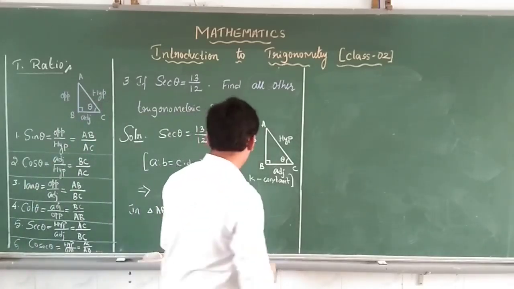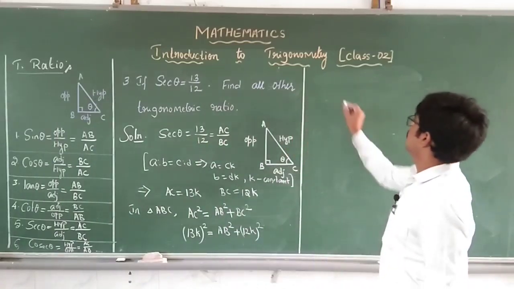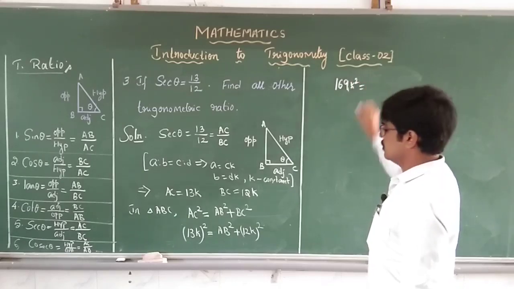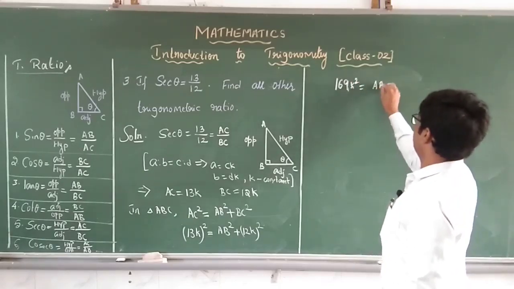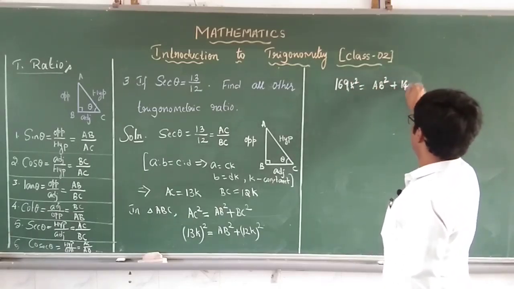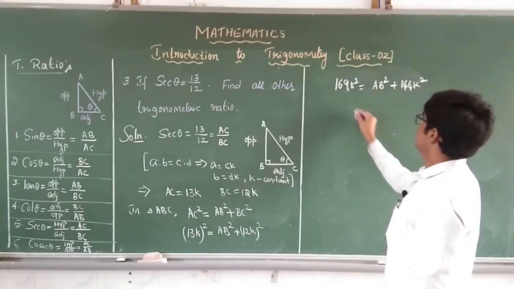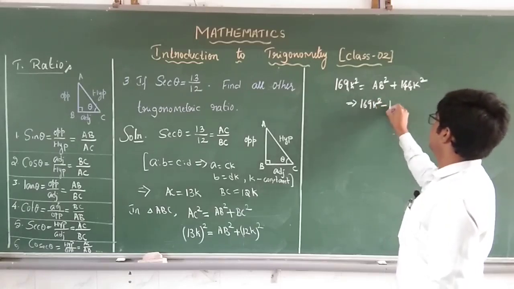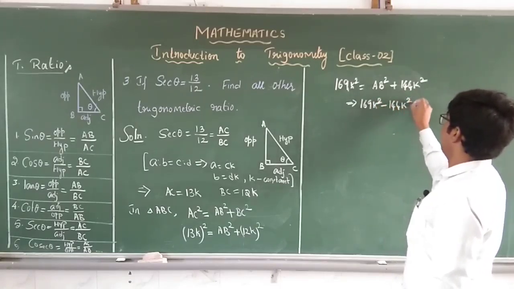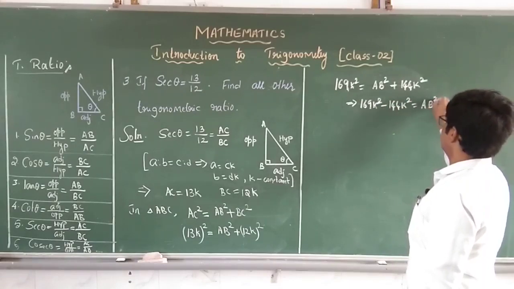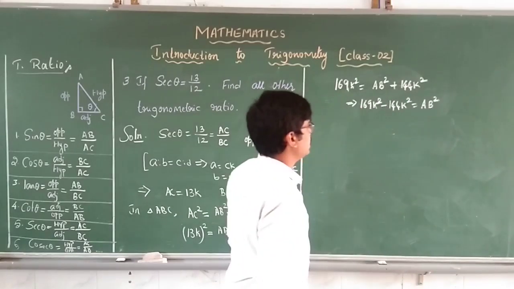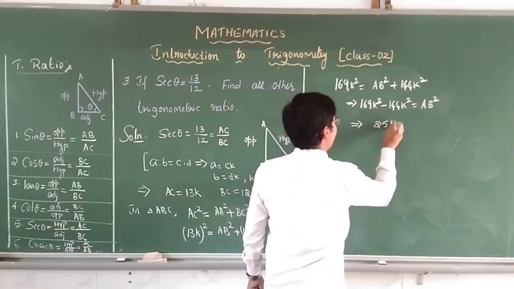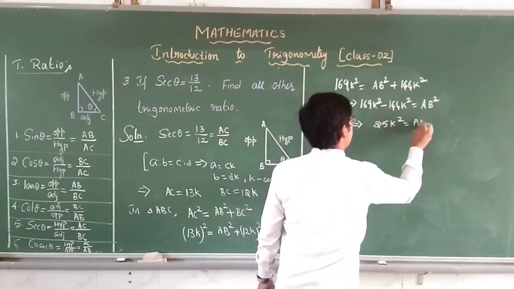Now 169k square is equal to AB square plus 144k square. So this implies I can write 169k square minus 144k square will be AB square. 169 minus 144, we found in the previous problem, that is 25k square will be AB square.